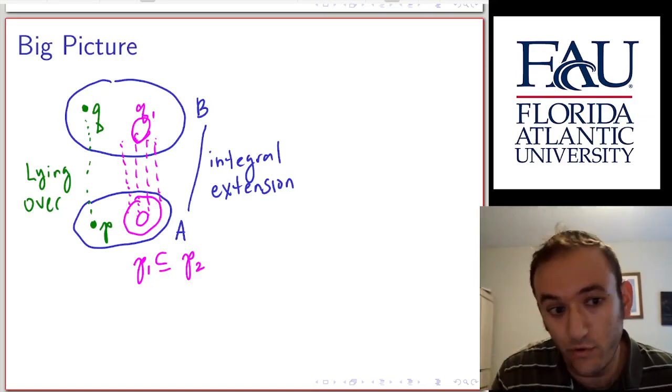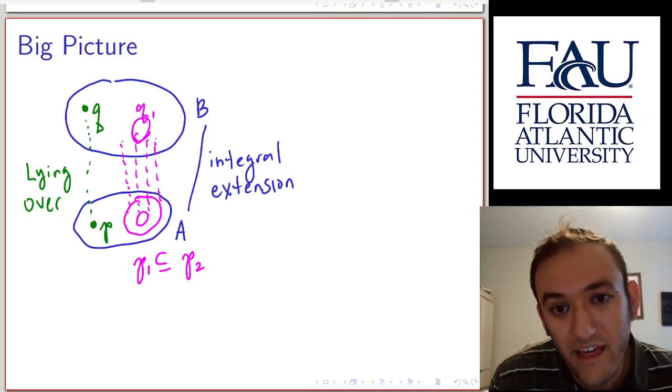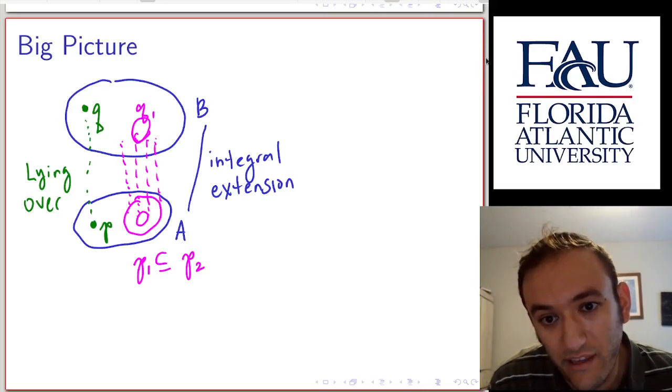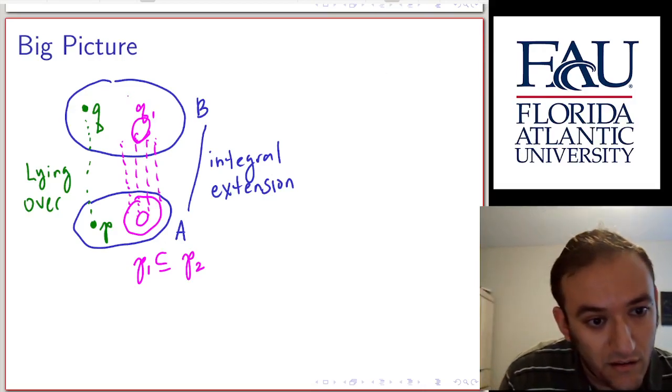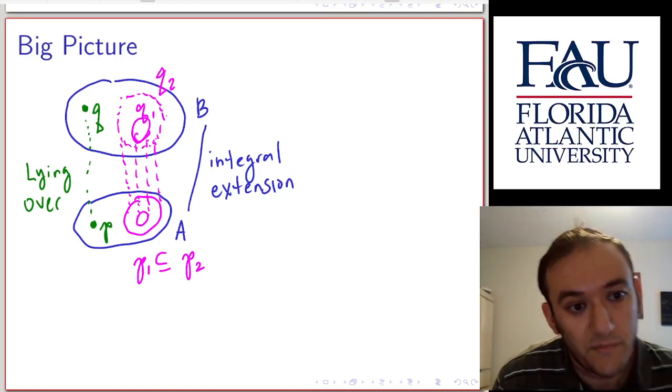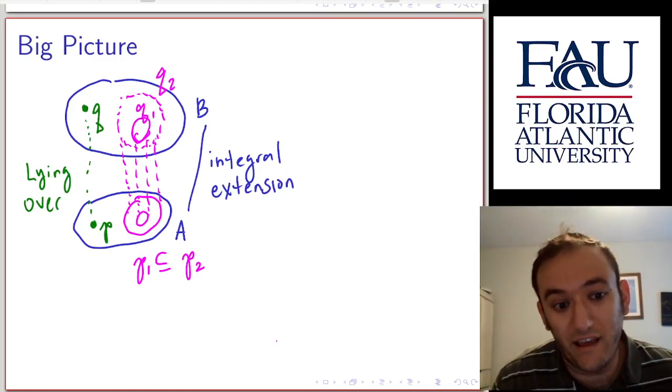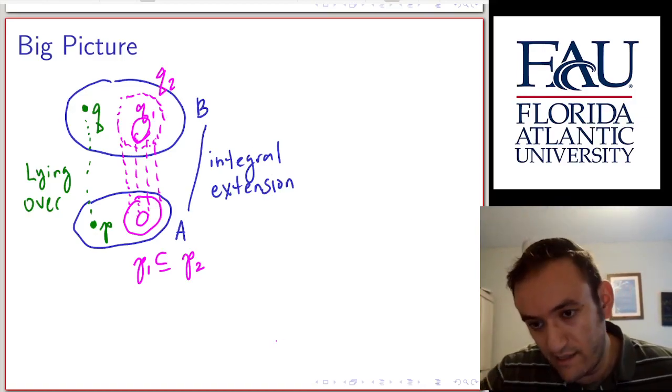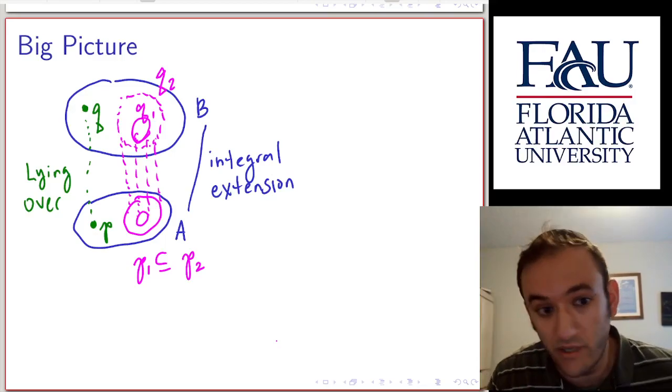With the intersection of Q1 with A being P1. Then we assert that we can find the prime ideal Q2, which contains Q1 and which corresponds to P2, in the sense that intersecting with A gives you P2.